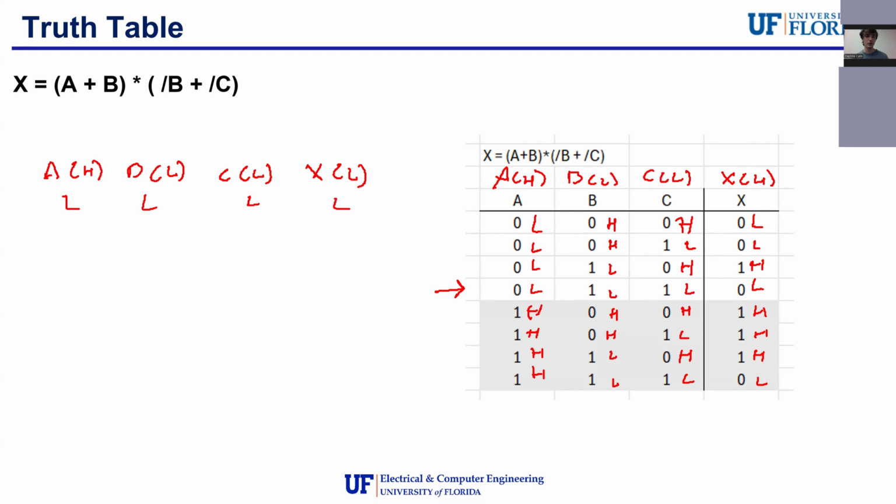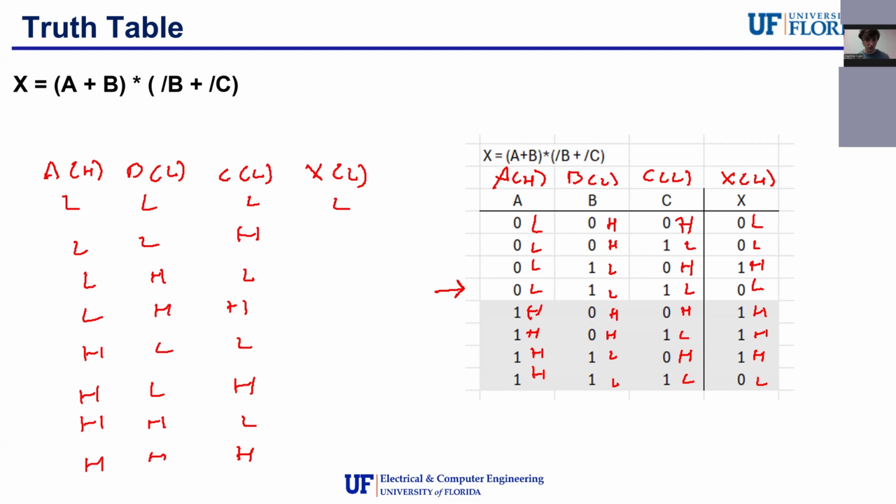The counting order in voltages is low, low, low; low, low, high; low, high, low; low, high, high; high, low, low; high, low, high; high, high, low; and lastly high, high, high.